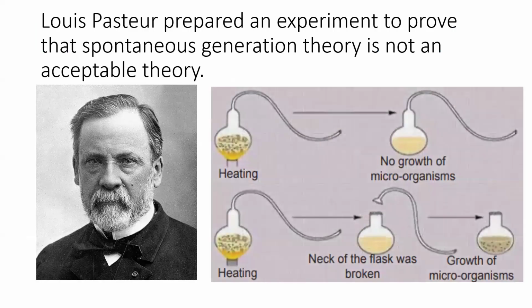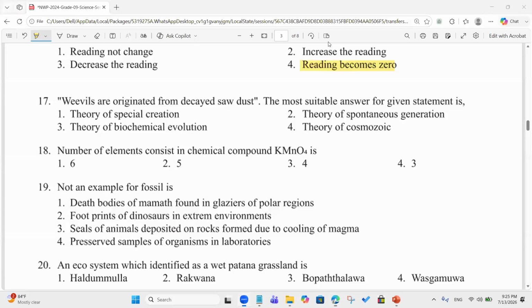And the scientist Louis Pasteur prepared an experiment and proved that the spontaneous generation theory is not an acceptable theory, right? He disproved that theory. Okay, next one. So the answer is theory of spontaneous generation.